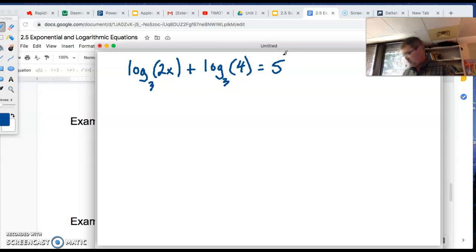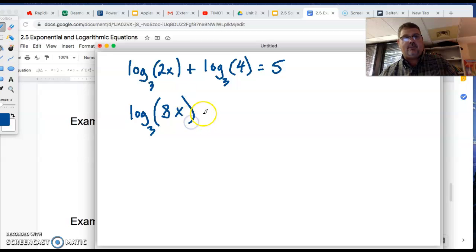Okay, so first off, you're going to use your law of logarithms. It says this sum right here can become a product inside log base 3. So we're going to write log base 3 of 2x times 4, which is 8x, right? Now it's equal to 5.